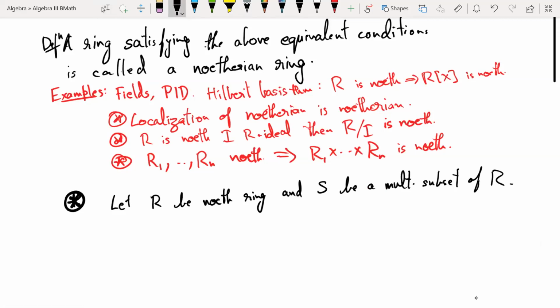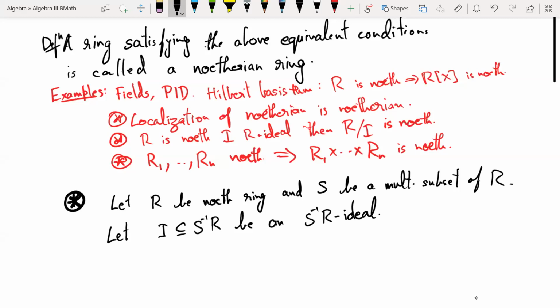Let I contained in S inverse R be an S inverse R ideal. In fact, we know that I is going to be S inverse of something, S inverse of Phi inverse I, where Phi is the natural map from R to S inverse R. In particular, it's going to be S inverse of some ideal.